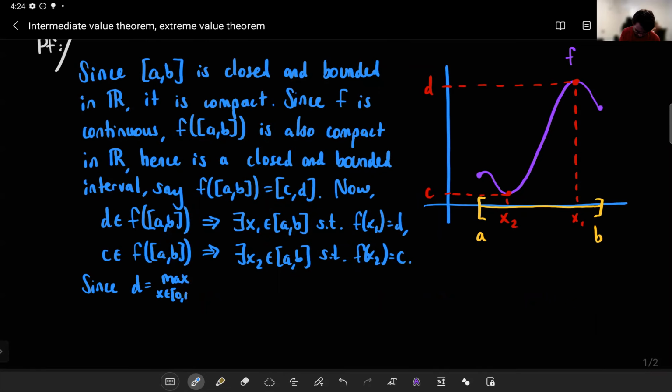D is the maximum. And C is the minimum. It's effectively the same proof, but being more general.